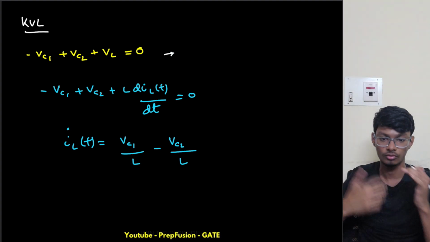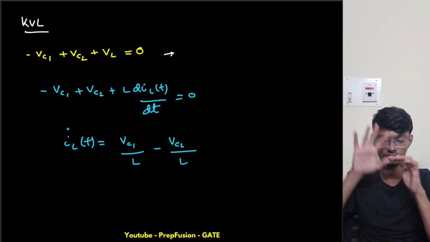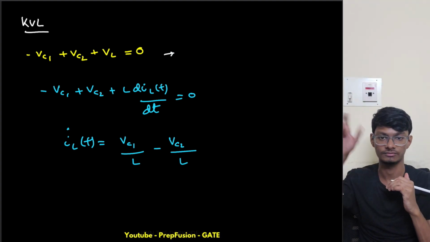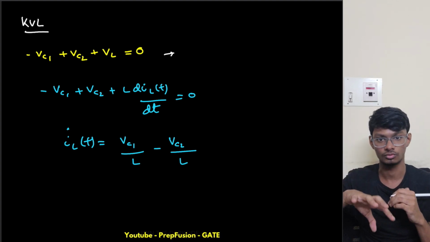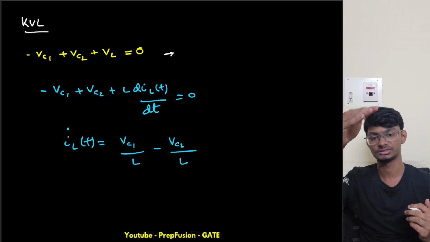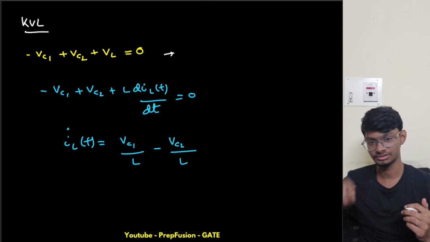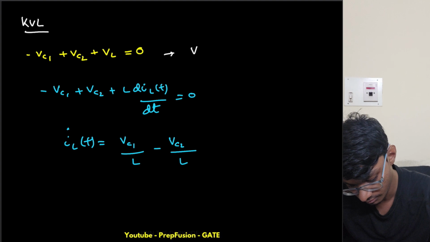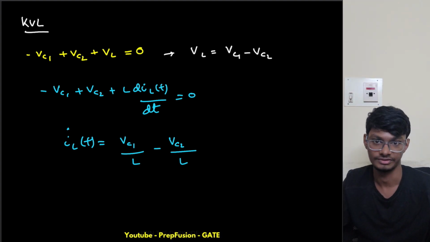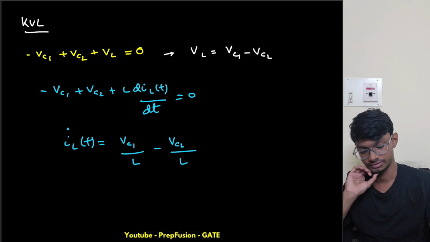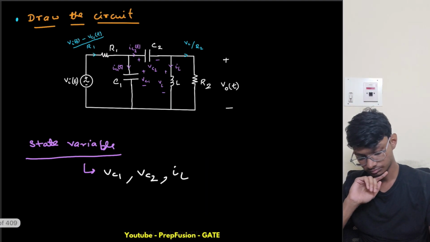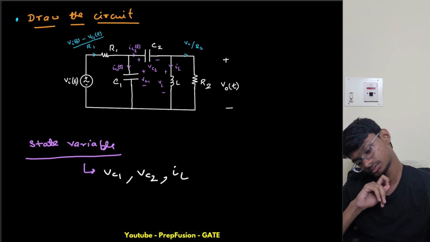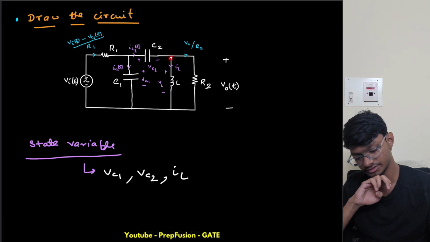So this is what you have to do: use the hit and trial method and solve for each of the circuit parameters, find the voltages and currents all across this. You can't just go in a smooth flow, like, yeah, I know this, and this will be it. Okay, so VL will be equal to VC1 minus VC2. So this VL is VC1 minus VC2.